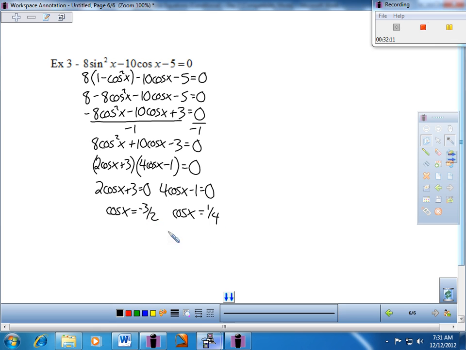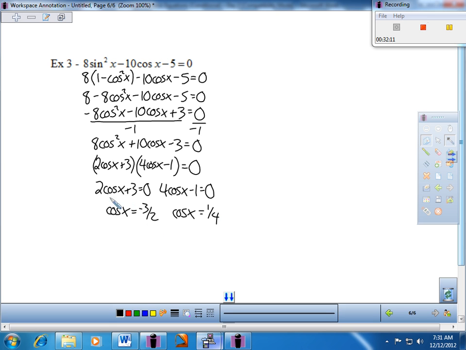Neither of these are obviously ratios from our unit circle, so we would have to perform the same steps. But as I said, there is some good news with this, and I'm curious if you see something here with these ratios. Here, I'm looking for the angles that have a cosine ratio of -1.5. Here, I'm looking for angles that have a cosine ratio of +1/4. Okay, I'm wondering if anyone saw it.